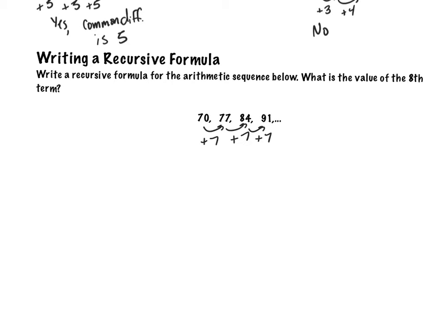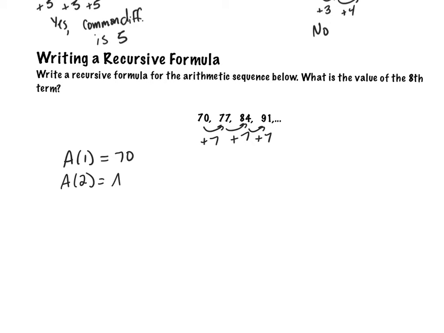So now when I look at the sequence, I need to start by saying what is my A1, my first term of the sequence. I can say that is 70. And how did I find A2? How did I get to 77?